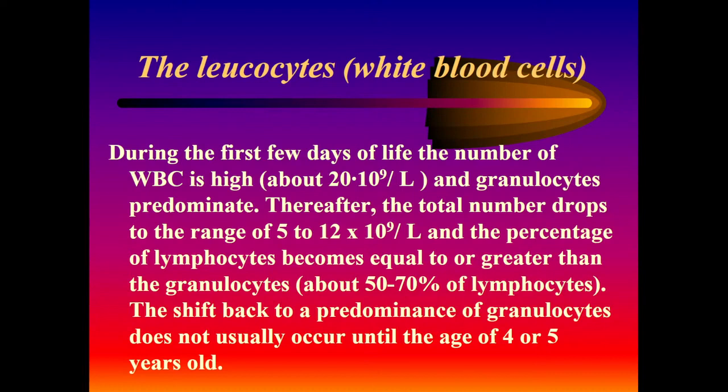Thereafter, the total number drops to a range of 5 to 12 times 10 to the 9th per liter, as the percentage of lymphocytes becomes equal to or greater than granulocytes, about 50–70% lymphocytes. The shift back to a predominance of granulocytes does not usually occur until the age of 4 or 5 years.